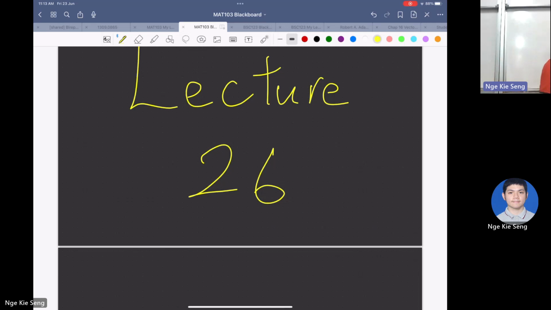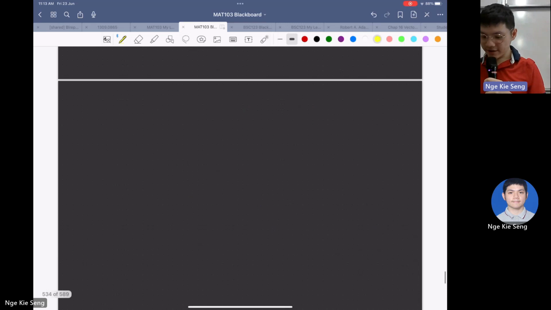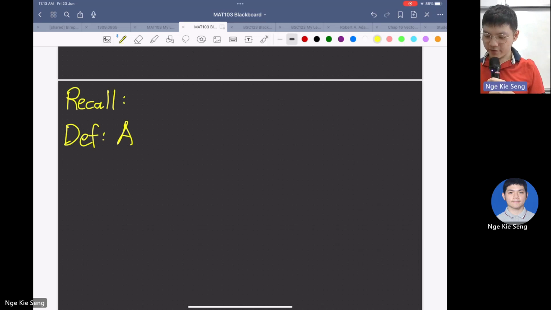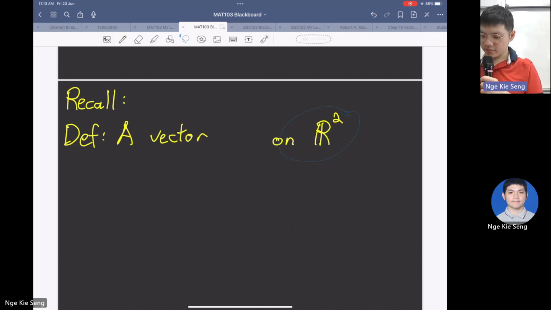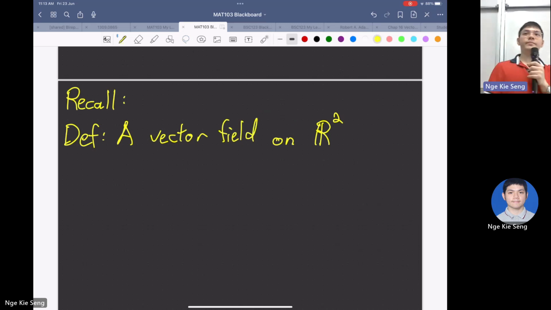So lecture 6. What have we done last lecture? Let's recall what we did. We defined a vector field, for example, on R2.